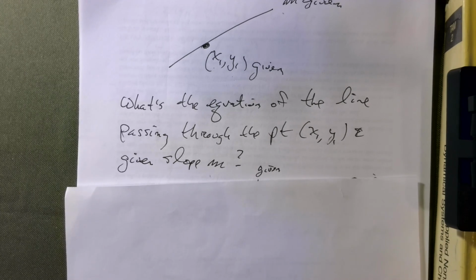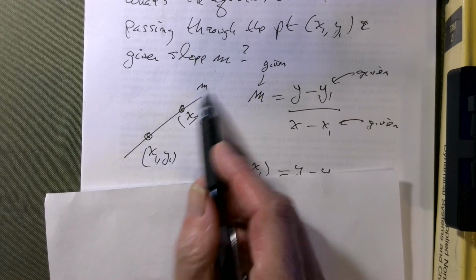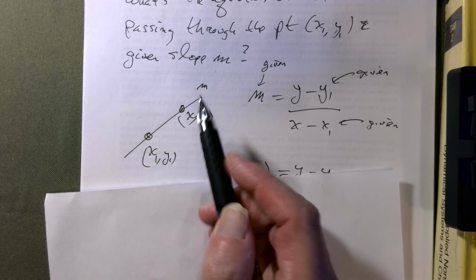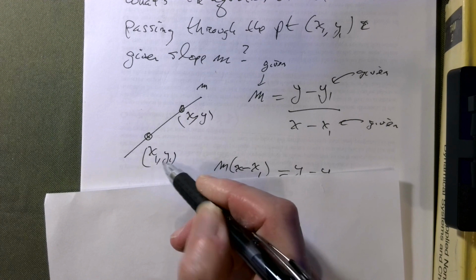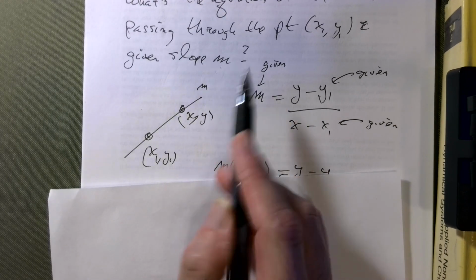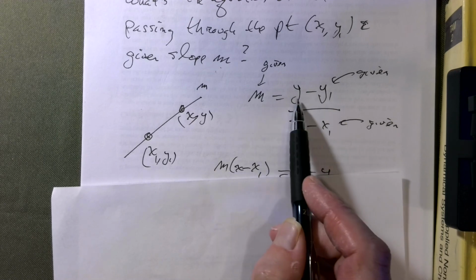And here's how we do this. Any point on this line has the coordinates x comma y. And you know the coordinates of the given point, and you also know the slope. So let's put this into the slope form. So you take the difference in the y.